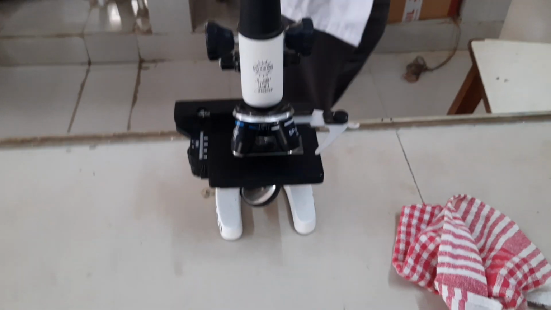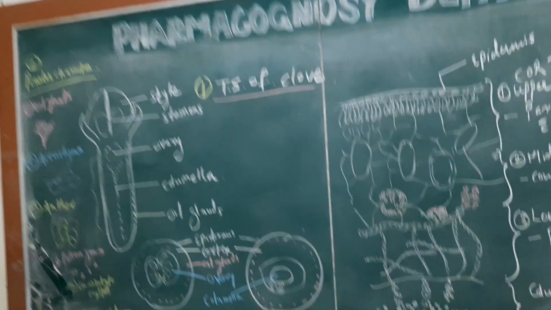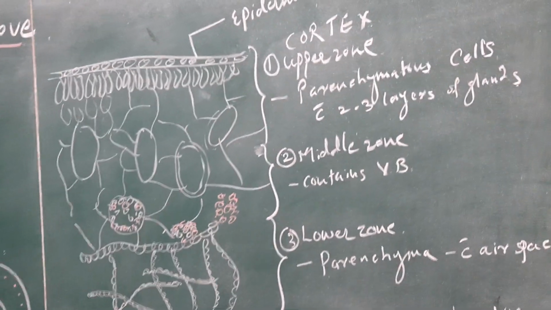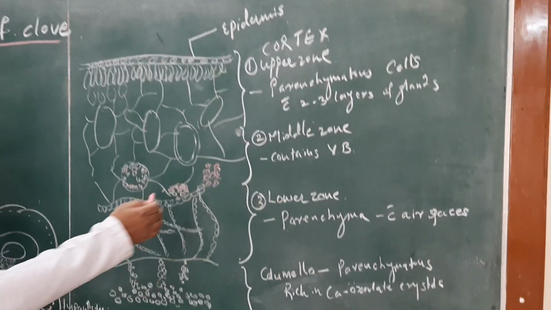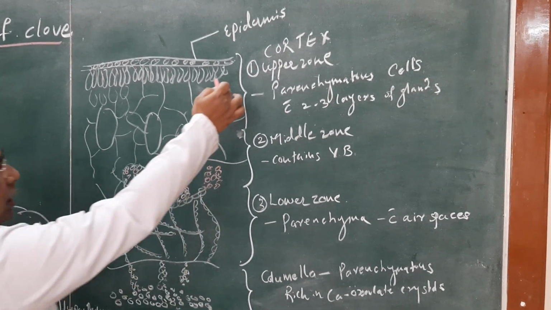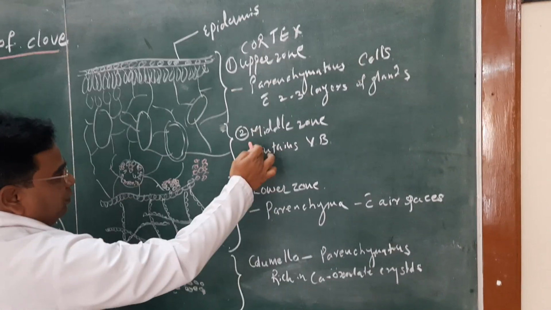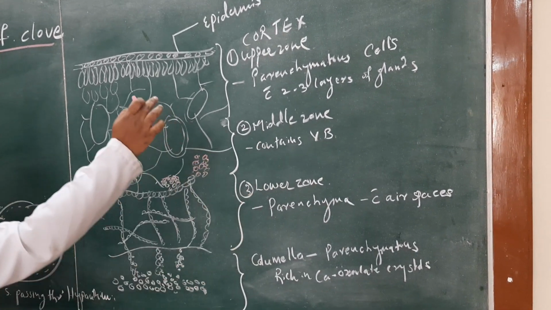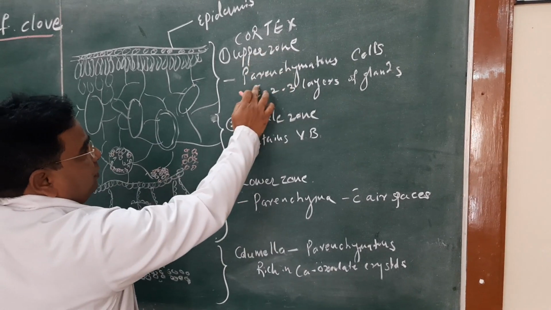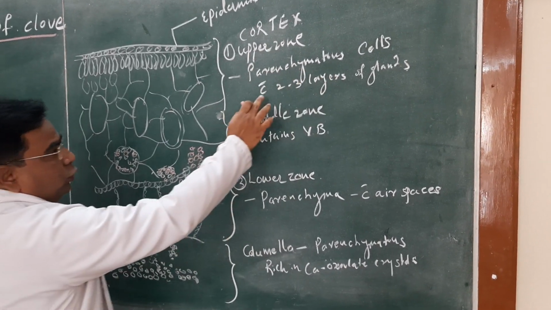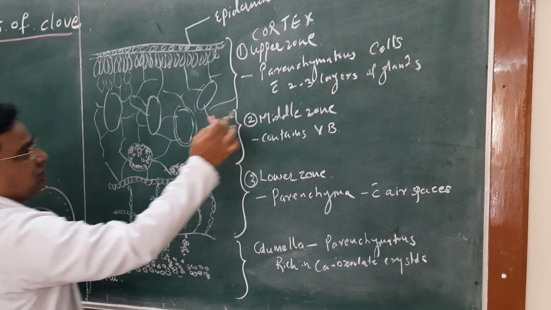Now come to the board for the microscopical characters present in clove. In that there are mainly 3 portions: upper, middle and lower. The upper zone mainly contains the cortex region, with parenchymatous cells and 2 to 3 layers of glands present here.